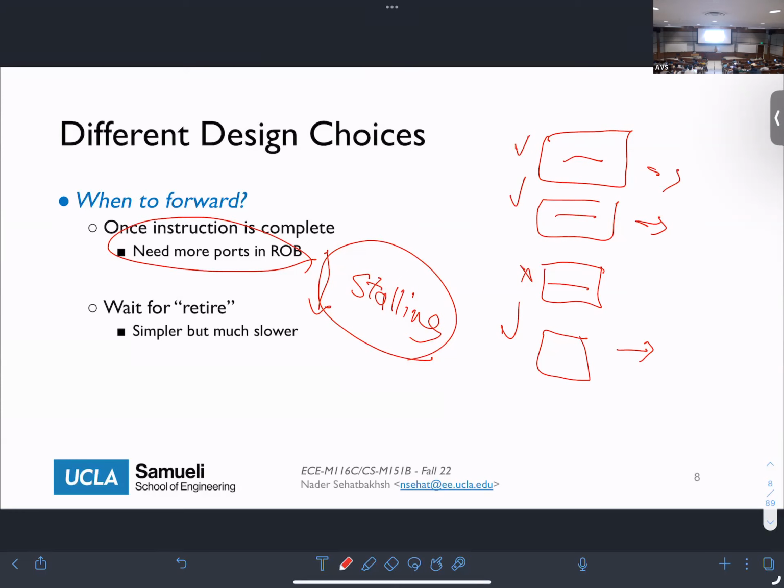So in terms of performance hits, there will be some slowdown, but it wouldn't be as significant as what we did for stalling and not doing the forwarding for in order. So for in order, we definitely need forwarding, but for out of order, we can tolerate not having forwarding in some cases. Okay.